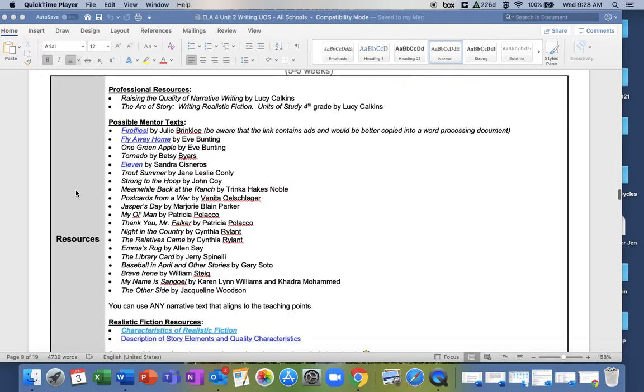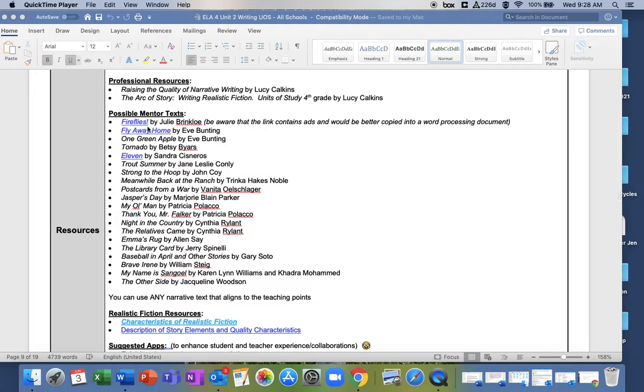And in this section right here, it's the resources. These are all the different resources the unit writers have suggested that could support the unit. So possible mentor texts, the professional resources are more for the teacher, but the possible mentor texts, these are the texts that you want to include in your stack.